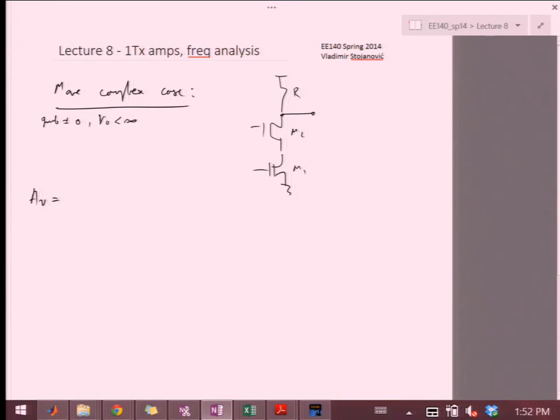Again, we have two stages, right? We have a common source and then a common gate stage. So we're going to say, okay, well, in the common source stage, we have some expression, and that is again, the minus GM of this guy, which we know is just small GM1, so we're going to write that out, times, and then this total resistance that I'm seeing here, right? So I'm just going to call it RC for now.